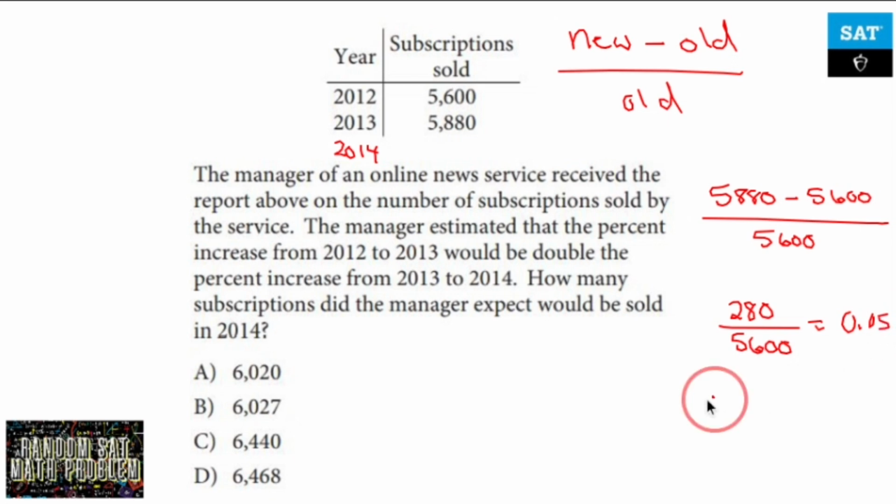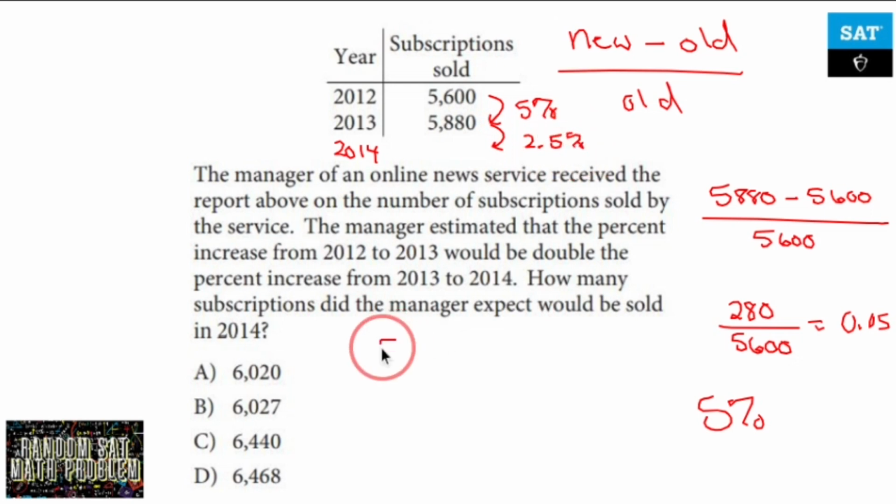What does that mean? That's a 5% increase, because 5/100ths means out of 100, so 5%. So going from here to here is 5%. The manager predicted that 12 to 13 would be double the increase from 13 to 14. So what I need is this needs to go up by half of that, so 2.5%.